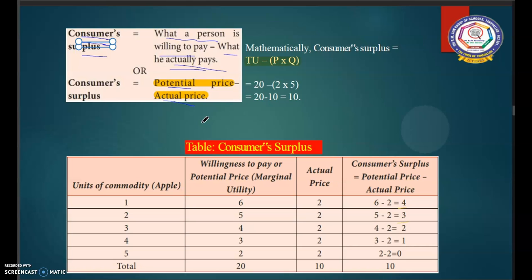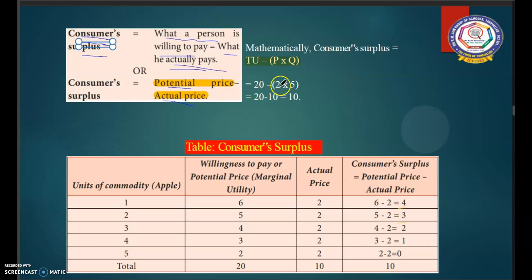The concept of consumer surplus can be explained with one more example. Suppose a consumer wants to buy an apple. He is willing to pay rupees 4 rather than go without it, and the actual price of the apple is rupees 2.